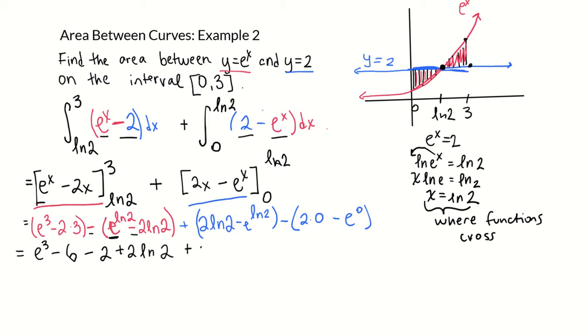This next portion is 2 ln of 2, and then negative e to the ln of 2 will be negative 2. 2 times 0 is 0, and then negative e to the 0. e to the 0 is 1, so negative 1 is plus 1.